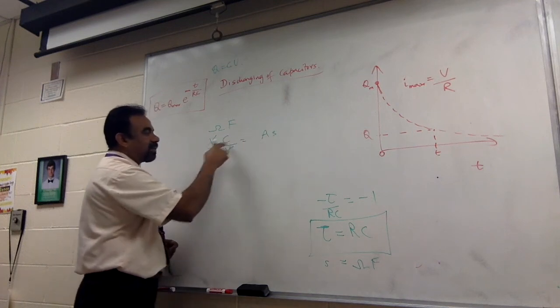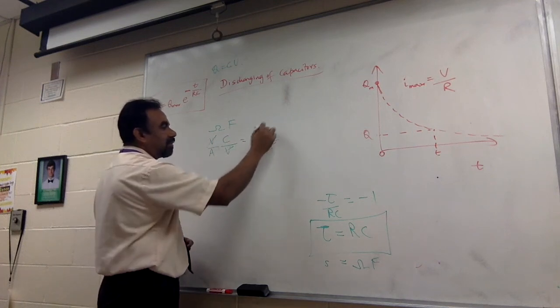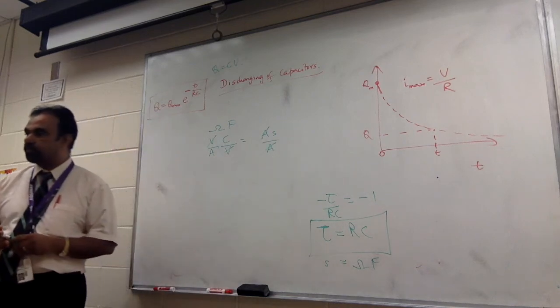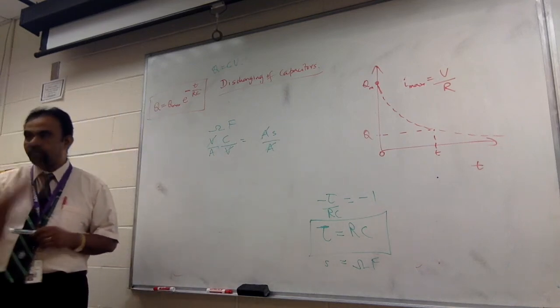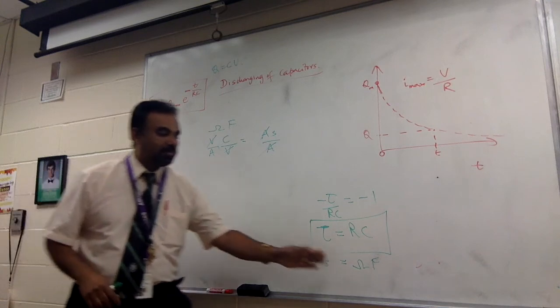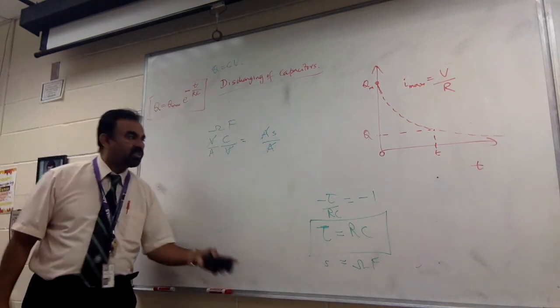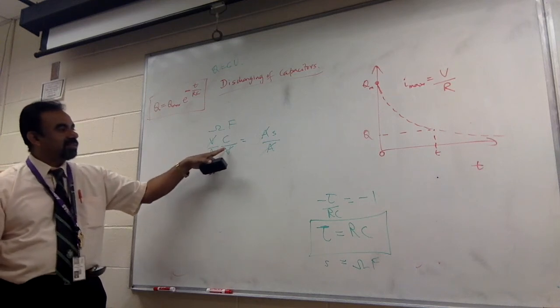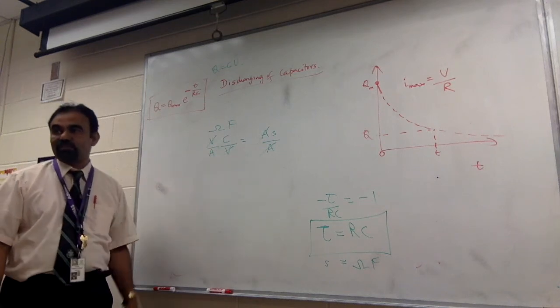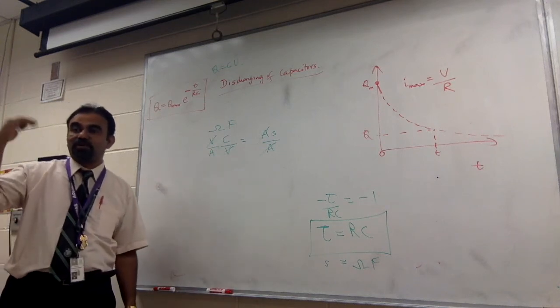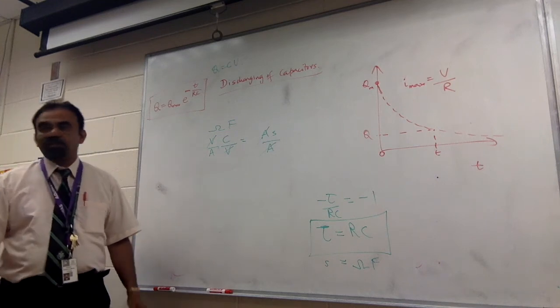Coulomb is ampere second, and then ampere cancels, and finally it comes to seconds. You see it now? So ohm times farad is seconds. You don't have to fully break down because volt and volt is gone. Otherwise you have to bring in the joules per coulomb and all those things.